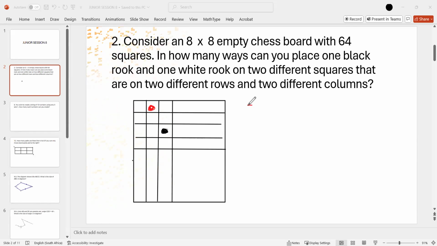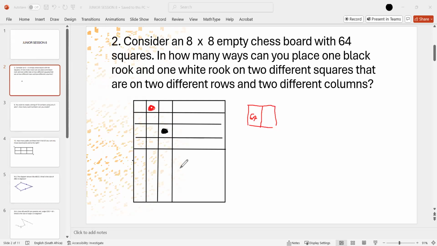You have to make the first choice and the second choice. So we'll put that in a block like this. So the first choice can be made in how many ways? Well, the first rook can be put anywhere on this entire chessboard, and there are 64 squares. So you got 64 choices for the black rook.